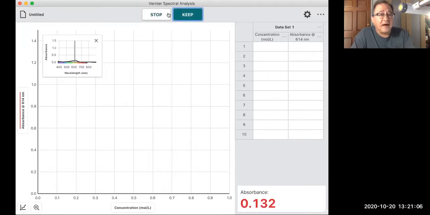And now I'm going to keep this number here. Actually, I'm going to make sure it's clean. Interesting. It seems like it matters which way I put this in.